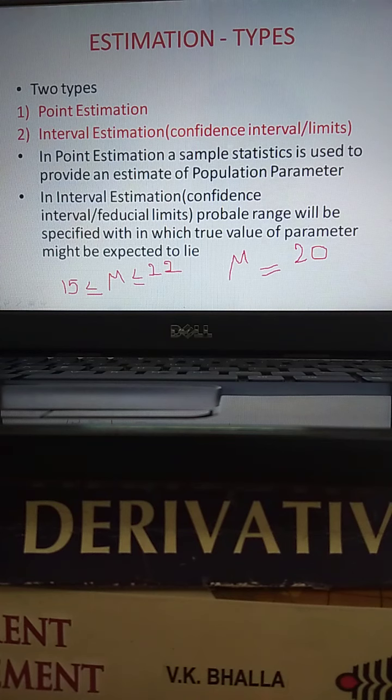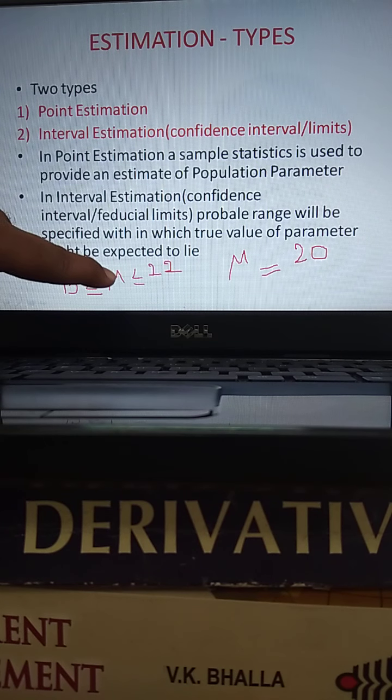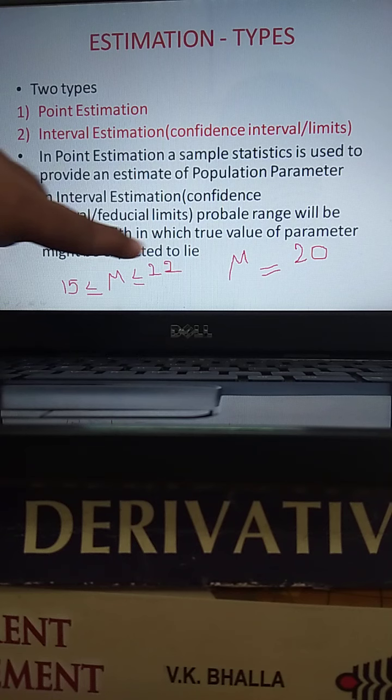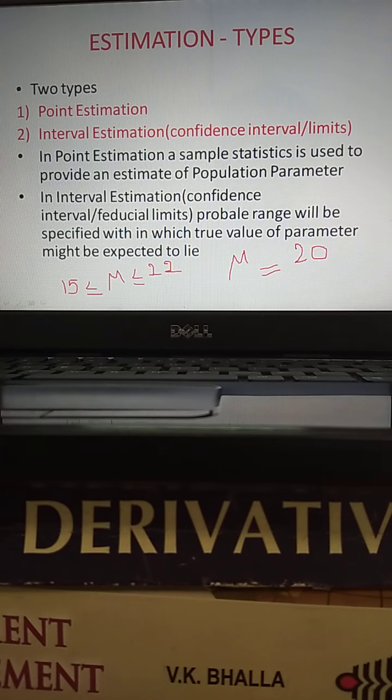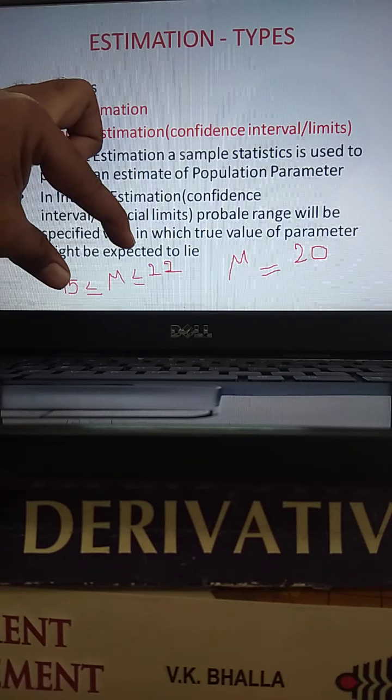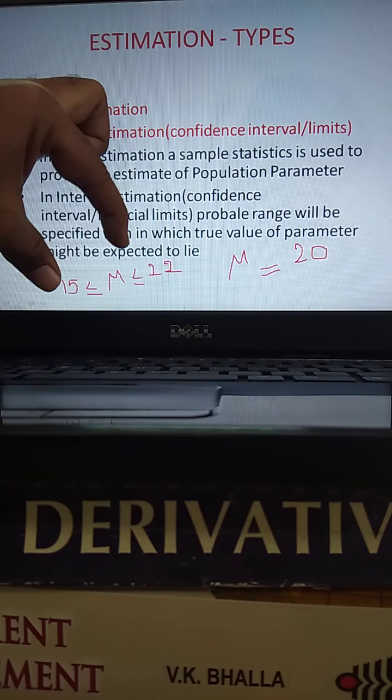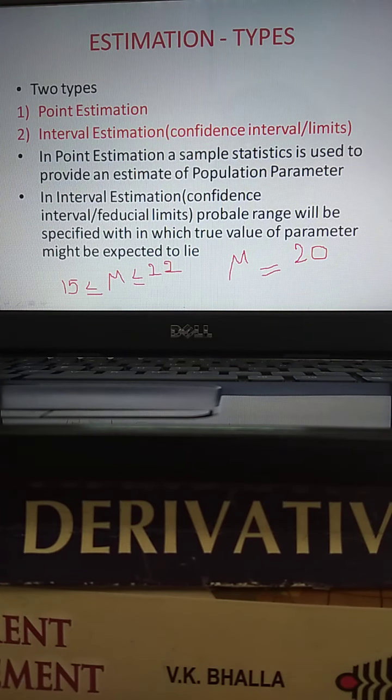You are expecting that the population mean is going to be between 15 and 22. This 15 is known as the lower limit. This 22 is known as the higher limit. If you give the answer in terms of an interval, that estimation is known as interval estimation.